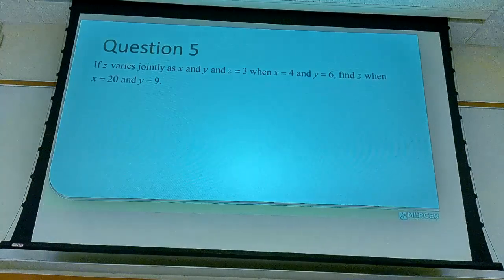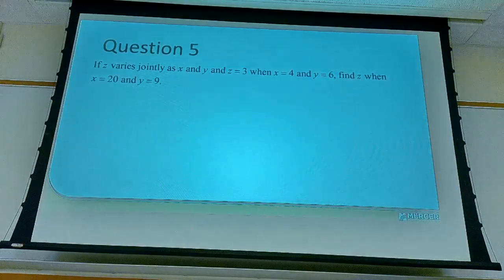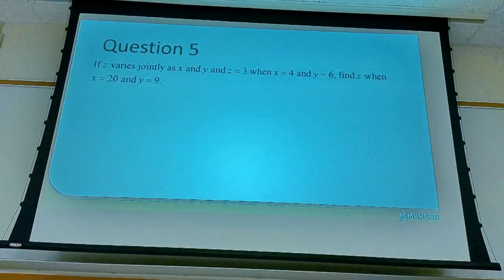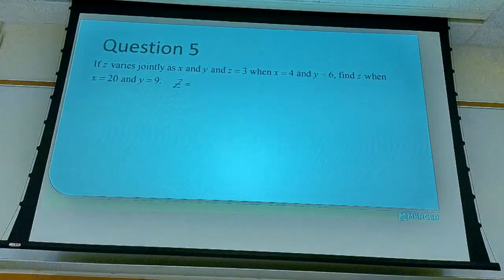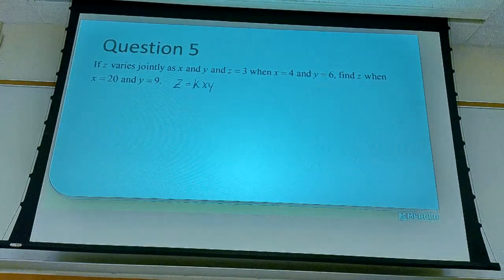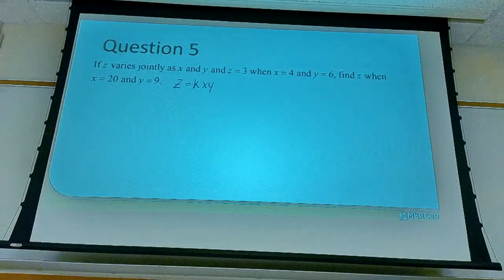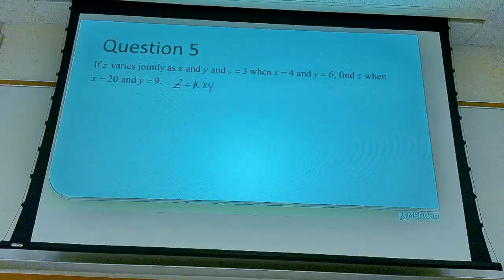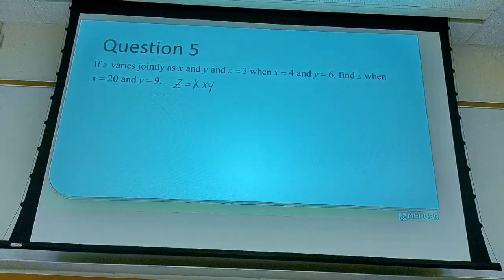Z varies jointly as x and y. Z would be k times x times y.